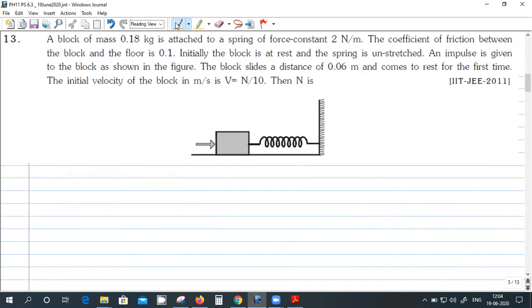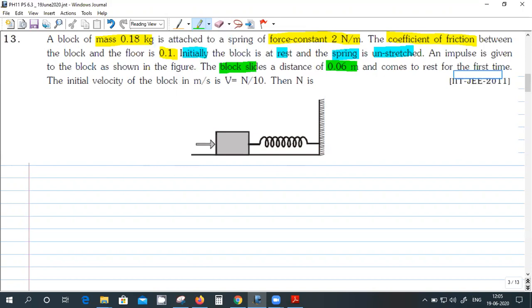So we have to use the work energy theorem, right? Yes. So final energy equals initial energy plus work done. Friction means work done by the mass, so it will be negative work done.